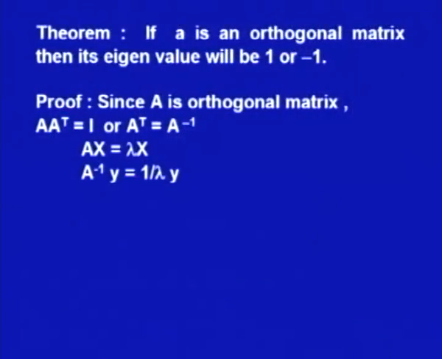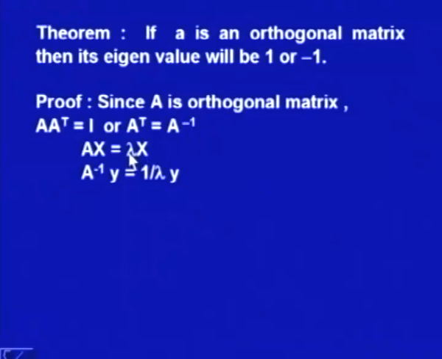It has been given that A is an orthogonal matrix, then from the definition of orthogonal matrices we know that A transpose A is identity, or A transpose is nothing but its inverse, A inverse.